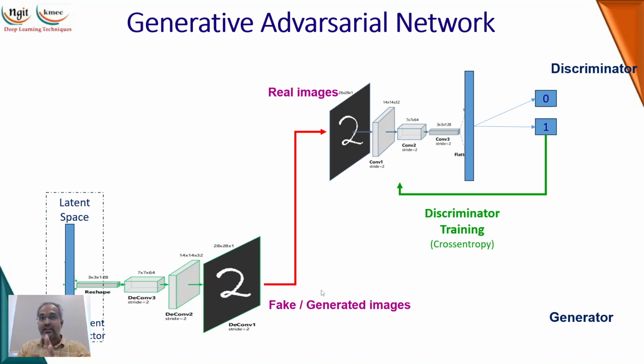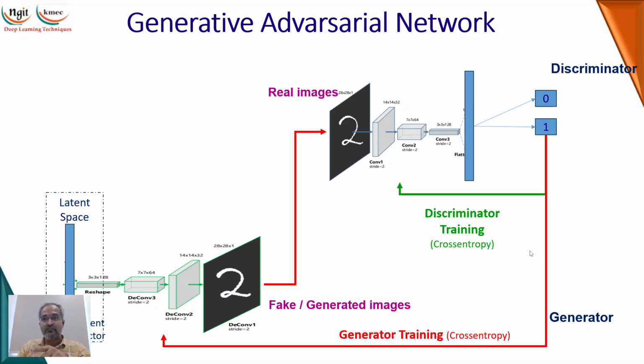Now the generator will be trained to create realistic images which can cross the discriminator test, meaning it will try to generate images which the discriminator finds to be real. So it will try to generate at that level, and the discriminator will always try to predict whether it is real or fake.